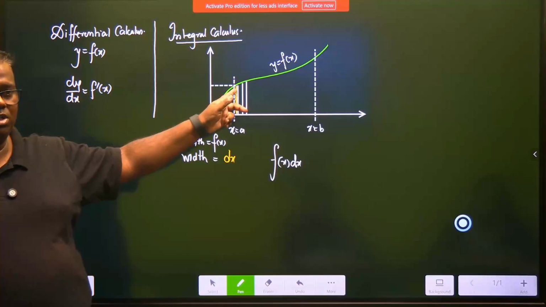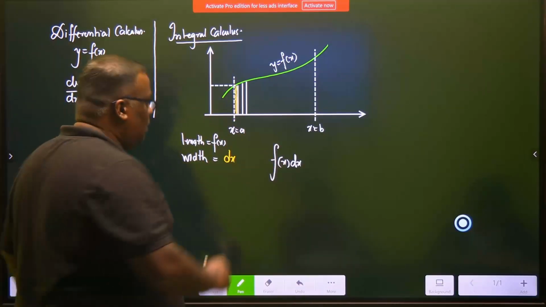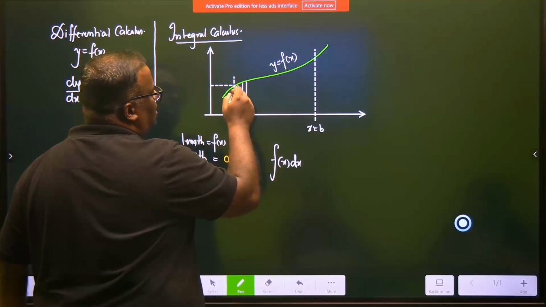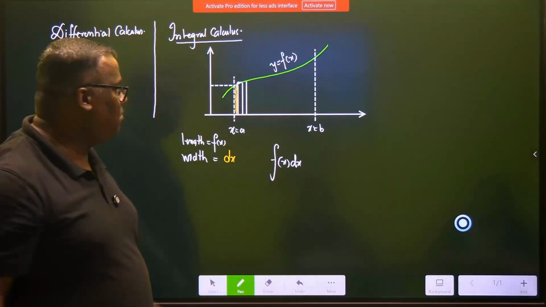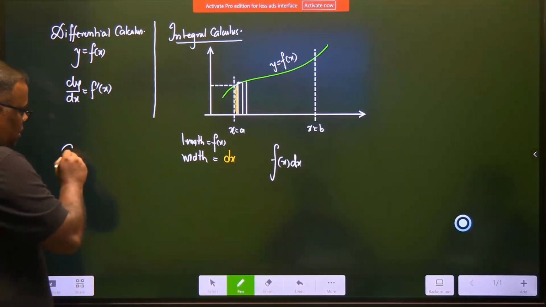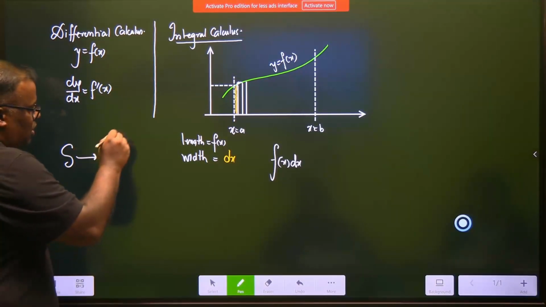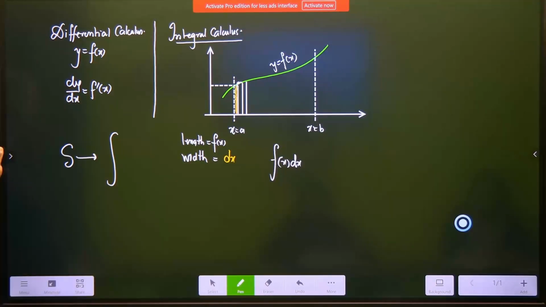What about these portions? There will be a loss of area in these portions also, like on the top part. There has to be a loss. So here, the summation sign transforms into the integral, and the integral is written like this.